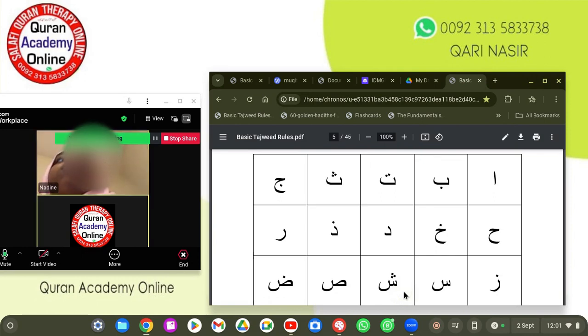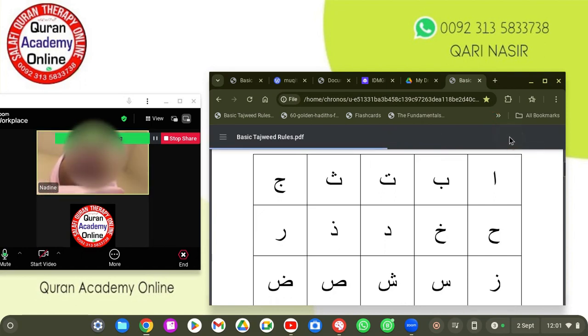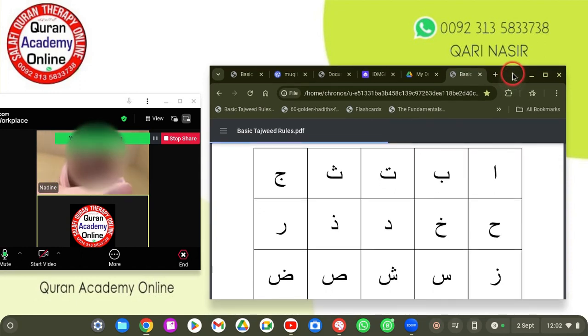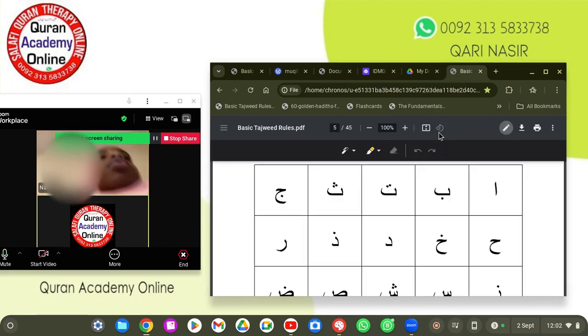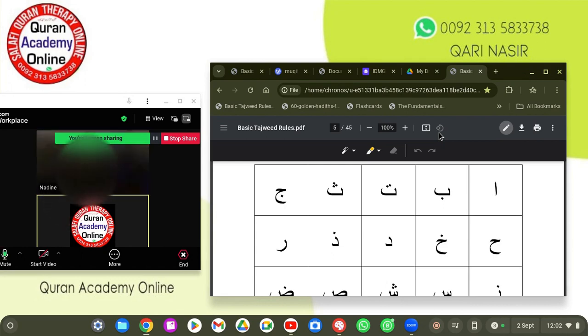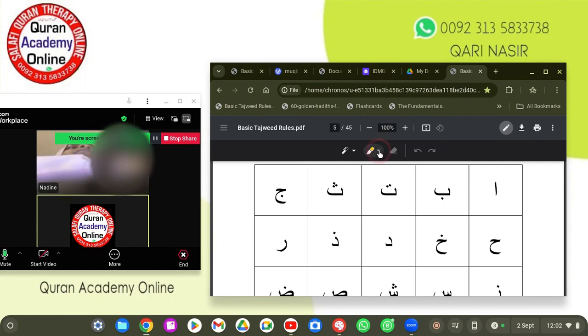It's sheen. Carefully, please, now, because there is a difference between seen and sheen. I will explain for you, inshallah, with typing.